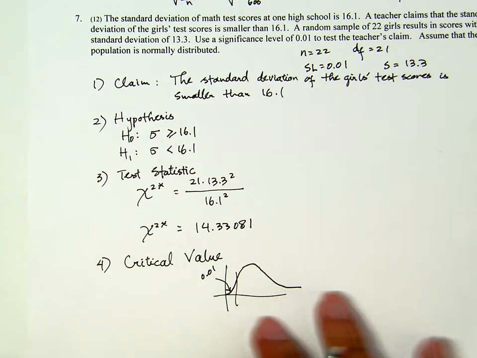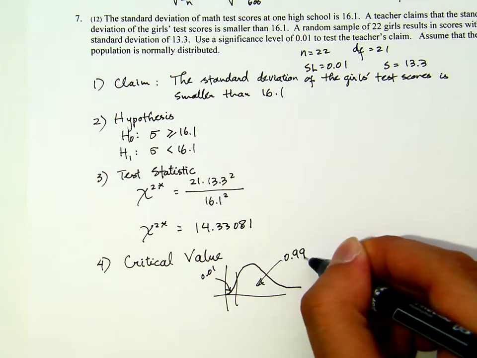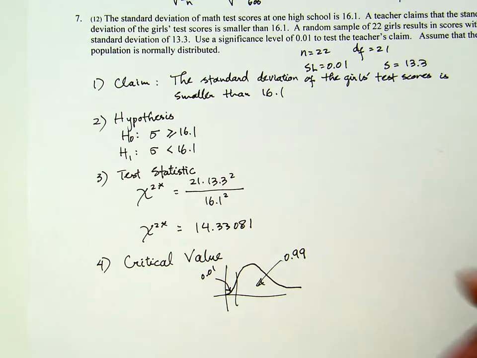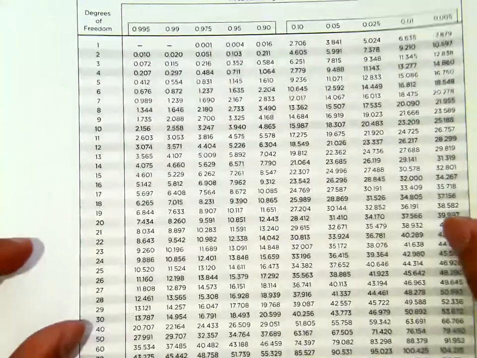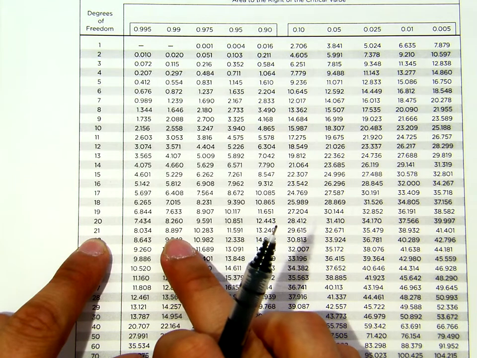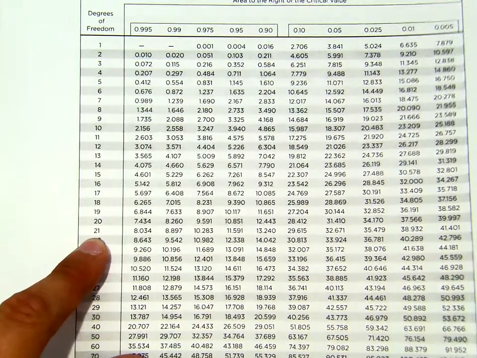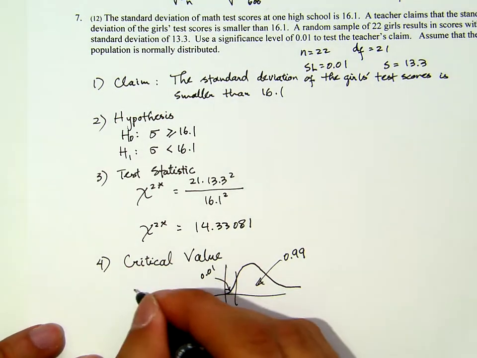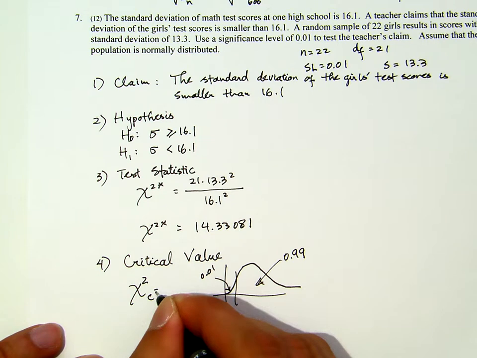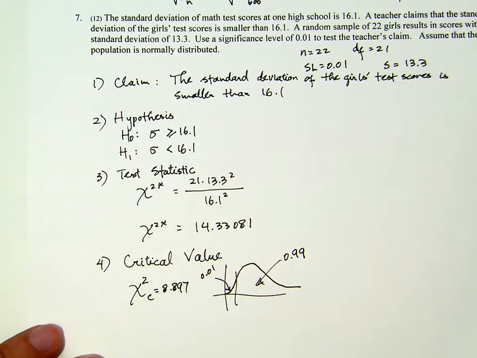So the area to the right of that will be 0.99. Let's see, the degree of freedom is 21, and the area to the right of that is 0.99. We are looking at 8.897. So chi-square critical is 8.897.